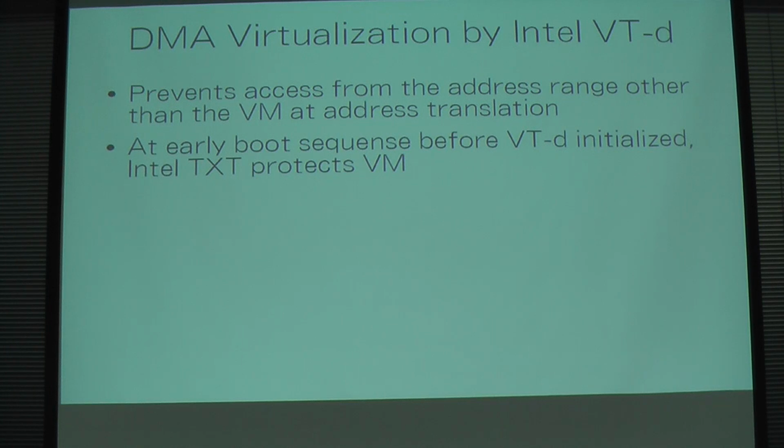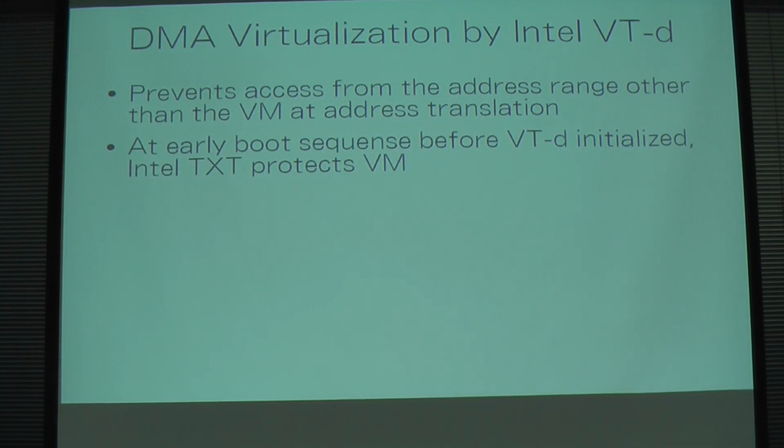Then, how does the Qubes OS hypervisor protect against DMA? It uses Intel VT-d, and Intel VT-d can prevent access to any range other than the VM's after address translation.